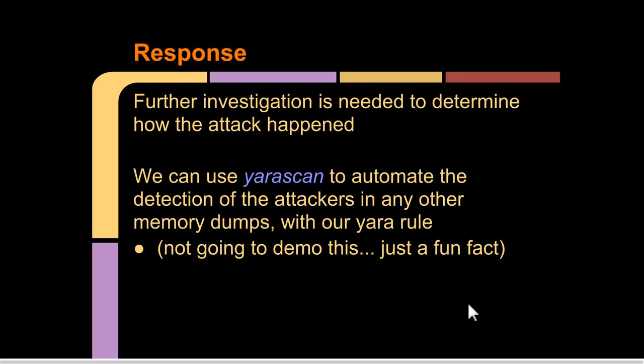So you could build a YARA rule just off that knowledge, and then use YARA scan to automate detection of whatever memory dumps you had across the network. Perhaps you're just doing one thing at a time. Once you establish a rule, you can use that rule on all the other memory dumps you have to speed up analysis. Find out what other processes across machines the attacker has potentially compromised at that time. And that is a wonderful way to help you identify the scope of the attack.